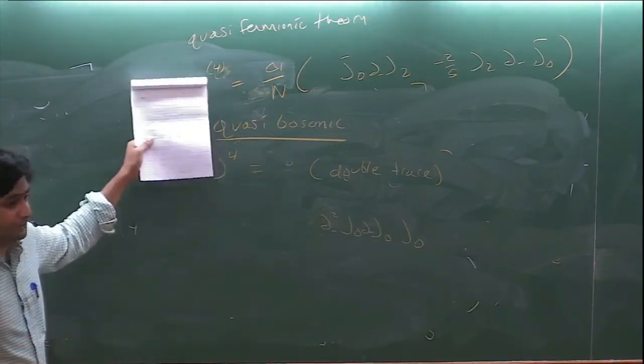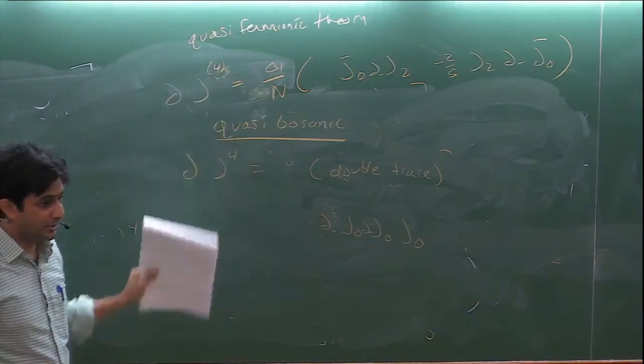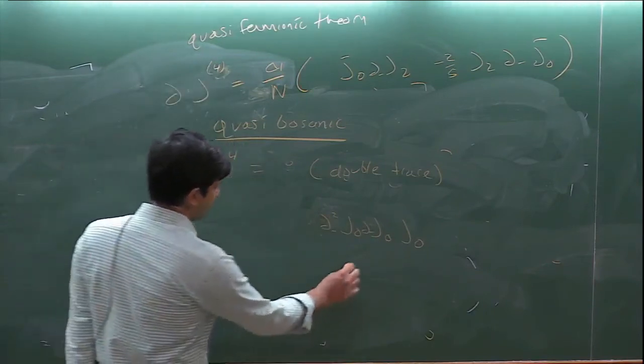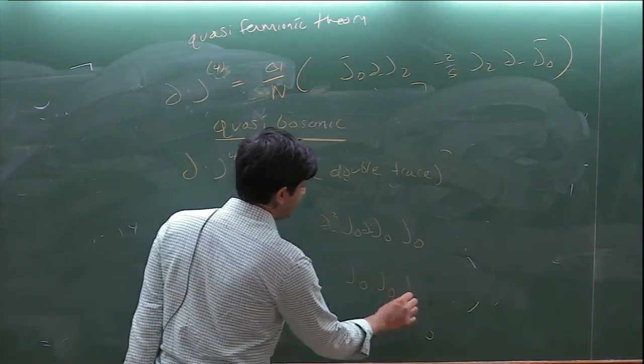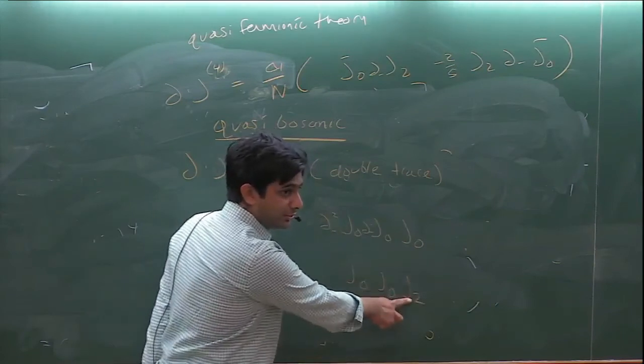Whereas there's no possibility of a triple trace term appearing here. There's also another triple trace involving 2 J0s and a J2.